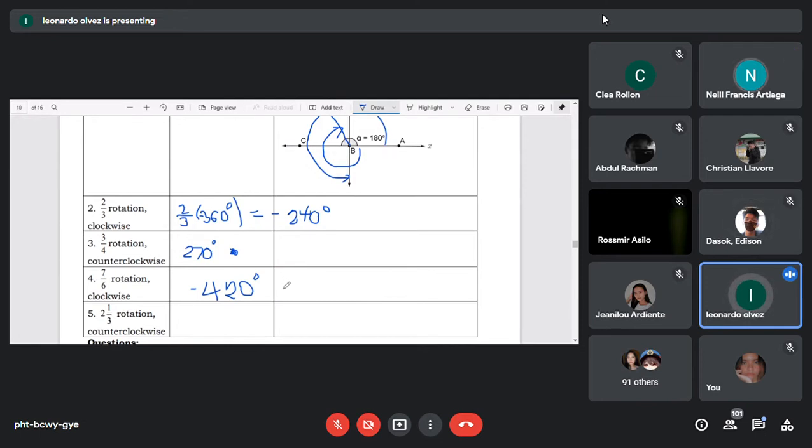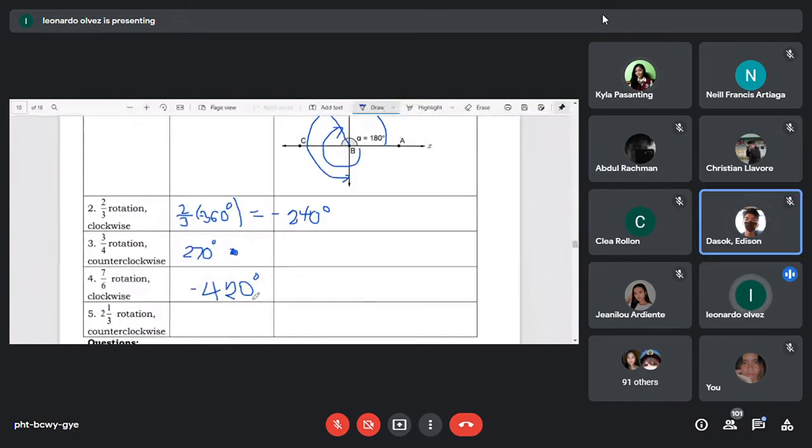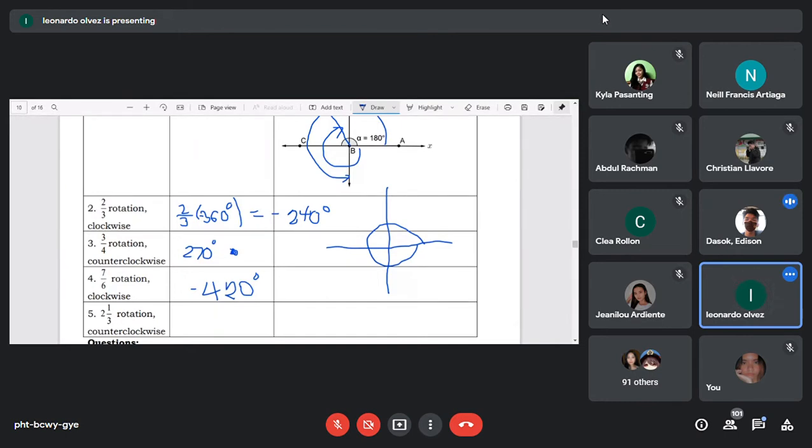Quadrant 4. Very good. Because if you draw it, this is negative 360 degrees, and you need 60 more degrees for 420. So the terminal side is in quadrant 4, and that is negative 420 degrees.